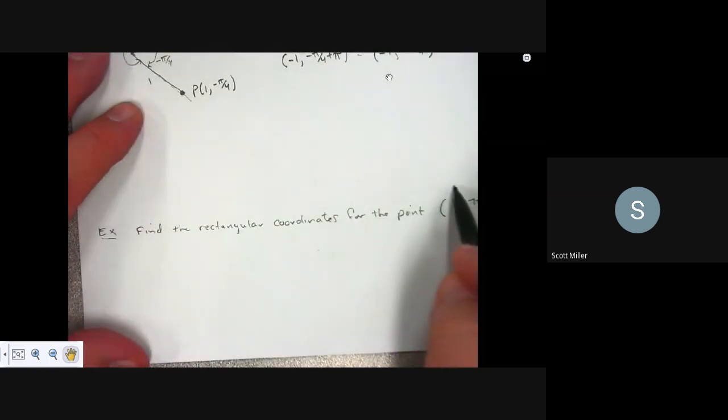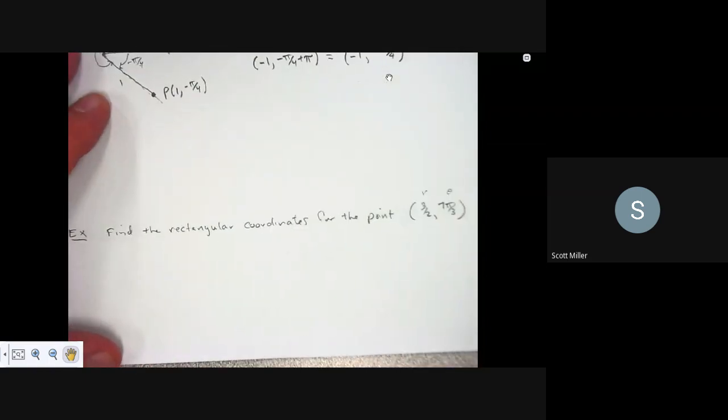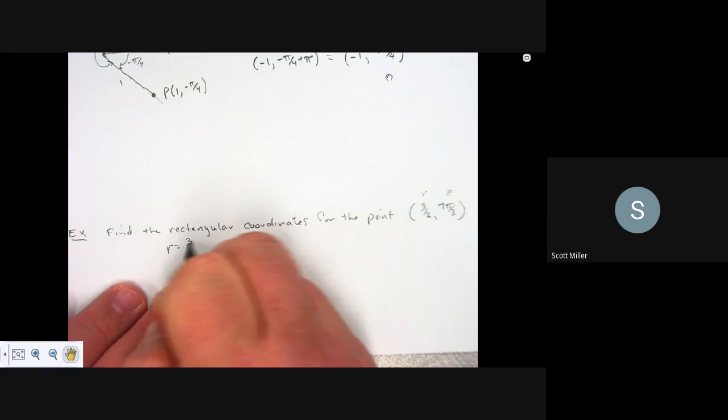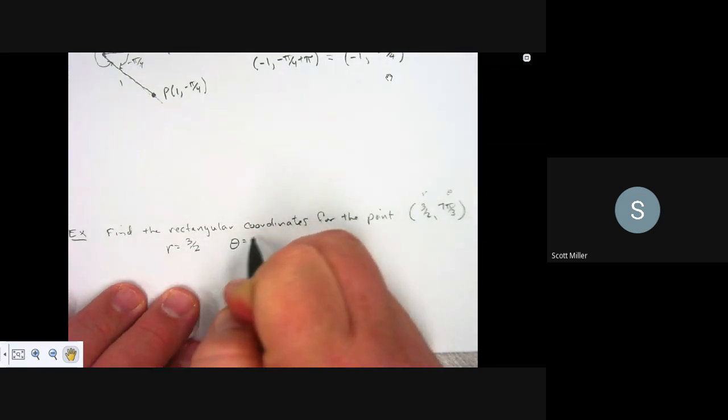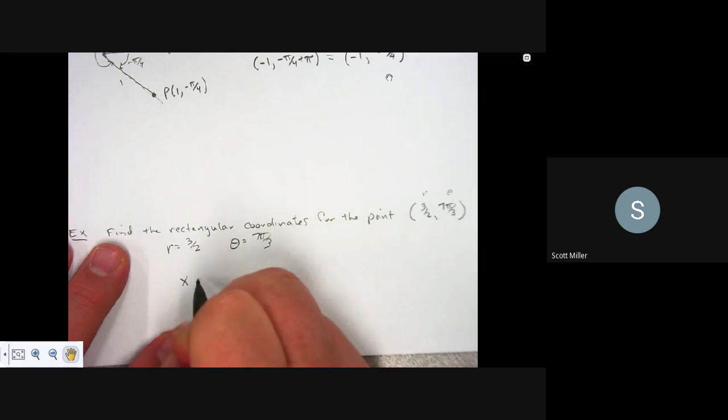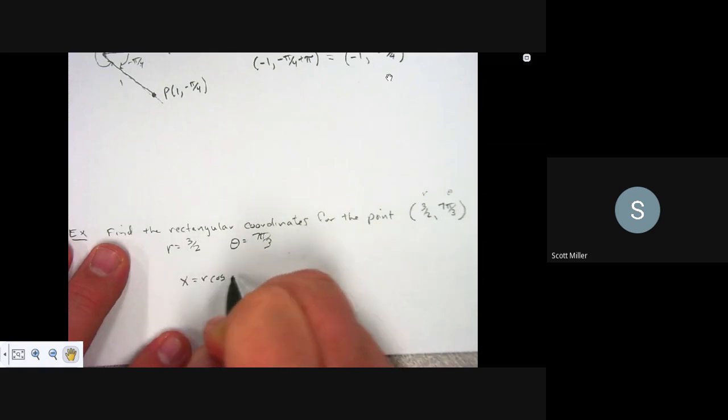So this is r, and this is theta. Okay? So with that information, I can come over here and work this out. So r is 3/2, theta is 7 pi over 3. And so I can simply find x, which is r times the cosine of theta.